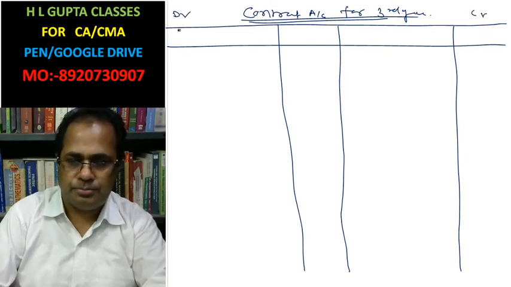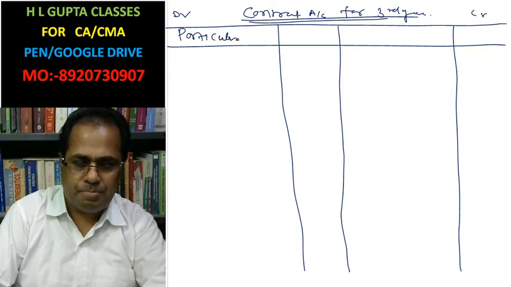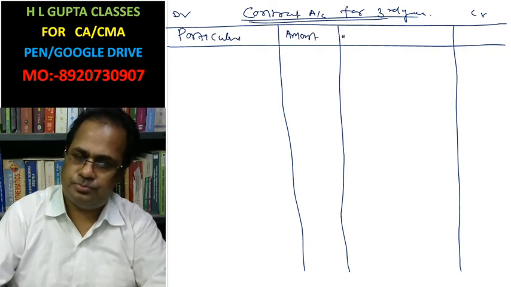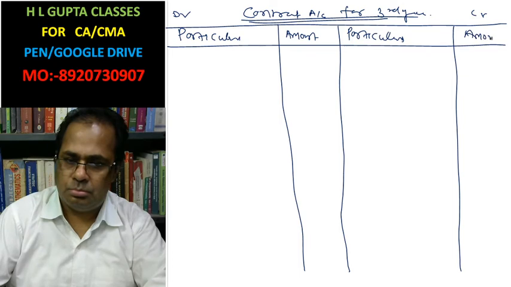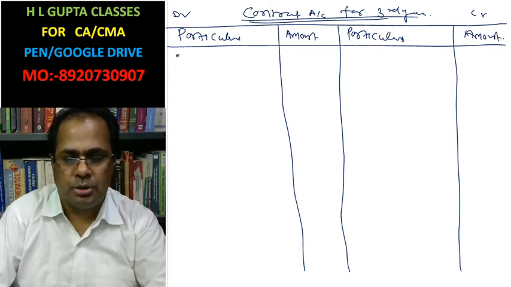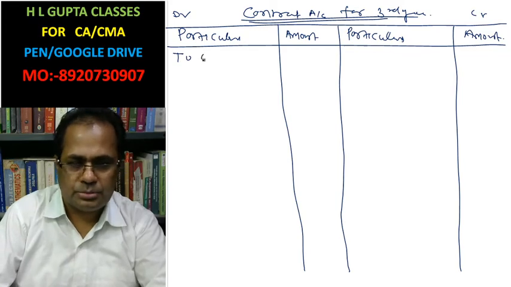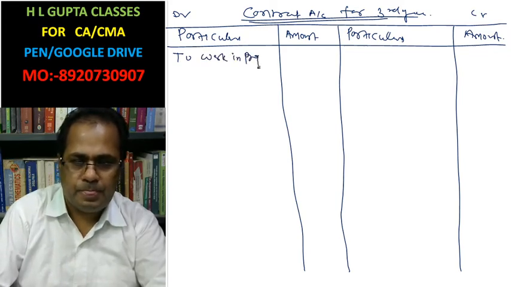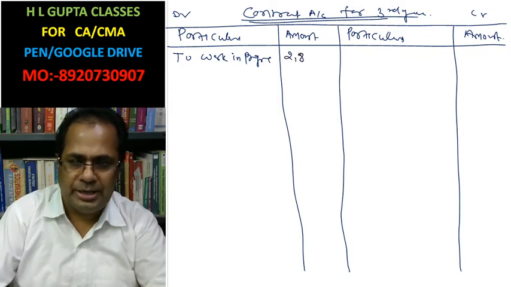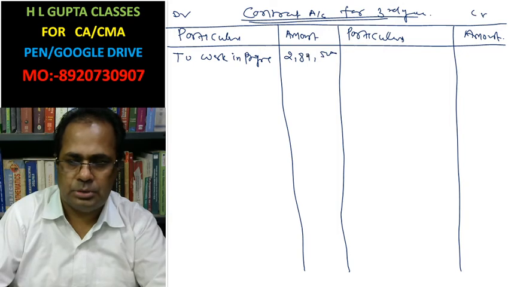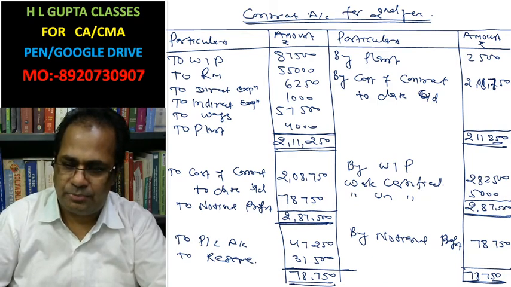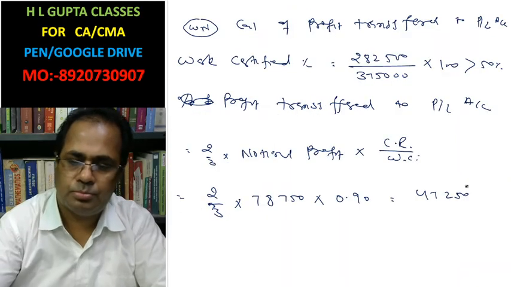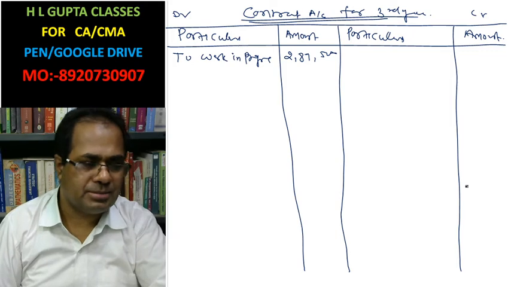Debit, credit, particulars, amount. To work in progress 2,87,500; this information comes from here, work certified 2,87,500.